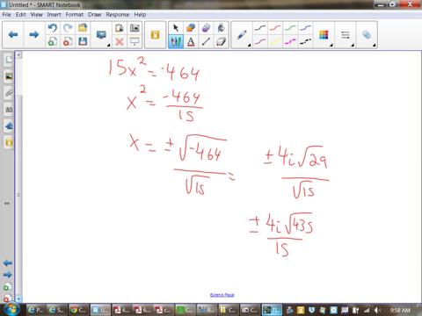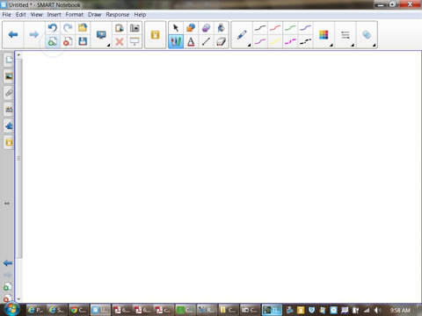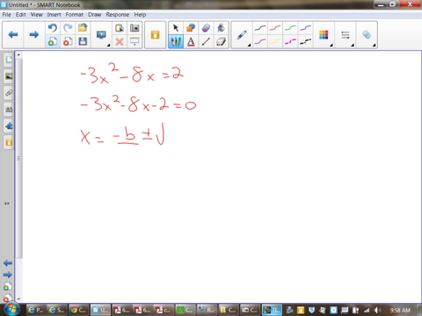14 for the quadratic formula. Negative 3x squared minus 8x equals 2. So I have negative 3x squared minus 8x minus 2 is 0. X equals negative b plus or minus square root b squared minus 4ac all over 2a.